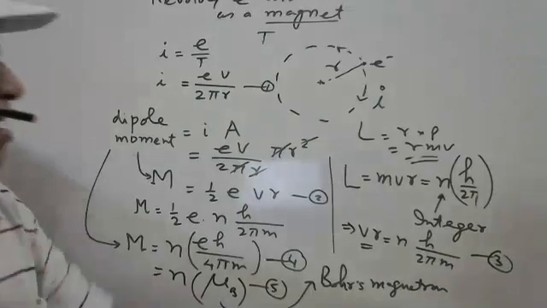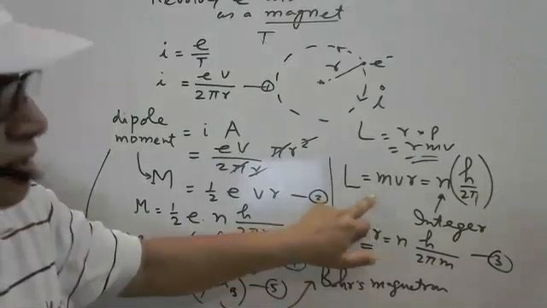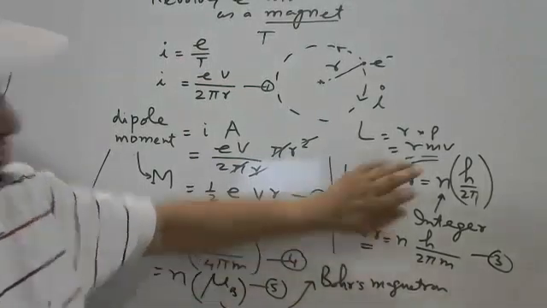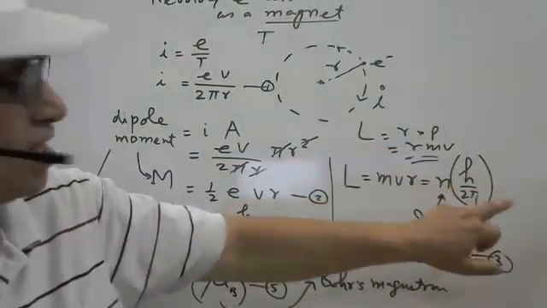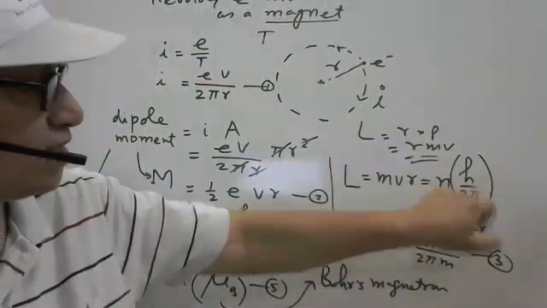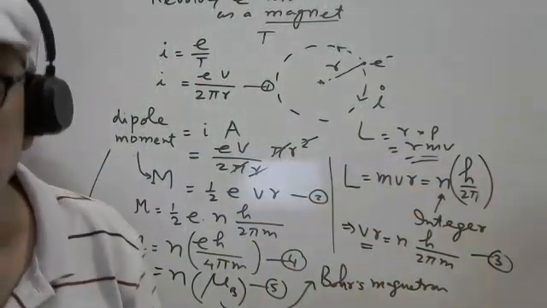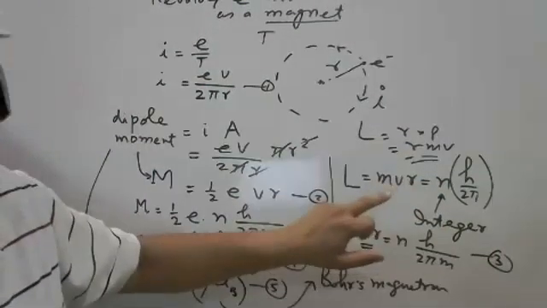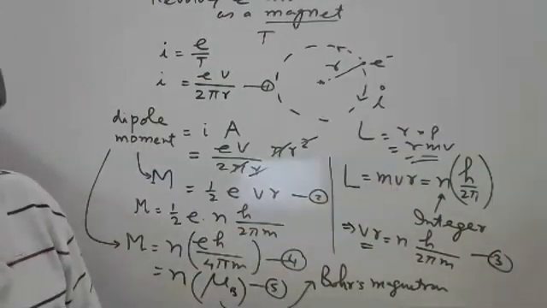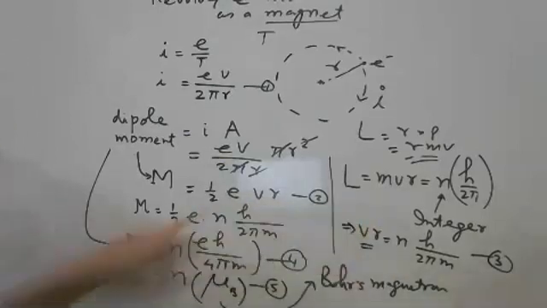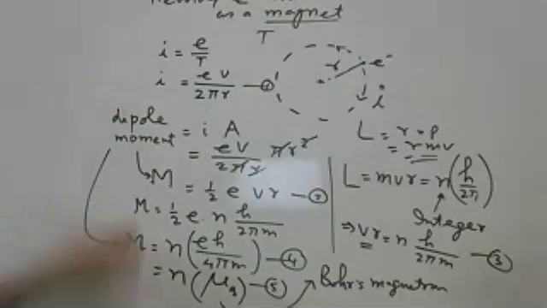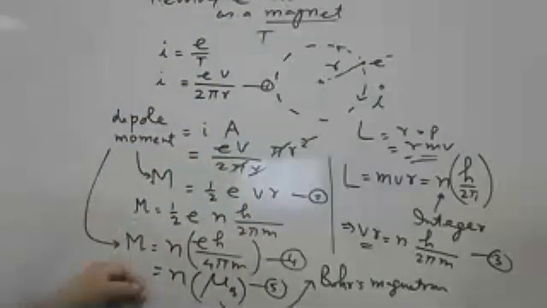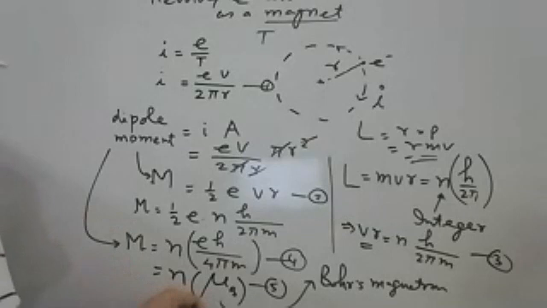The second law here is that the orbit must be stable if the angular momentum is an integral multiple of h upon 2 pi. This is the suggestion of Bohr's law. I am utilizing that second law given by Bohr. It is equivalent to saying the electron is revolving around the nucleus, and we get the dipole moment, and there is the derivation.